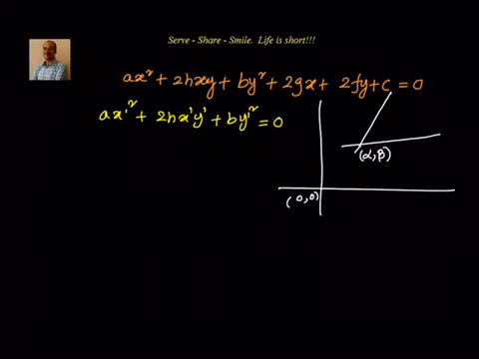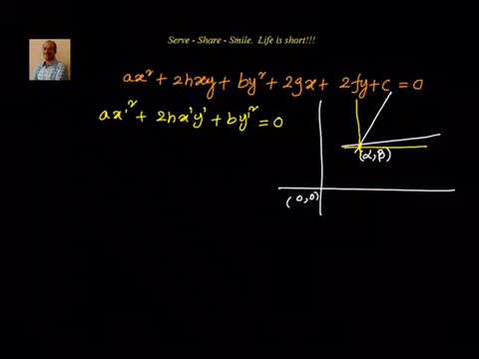Because when we shift to the new origin, let us say this is our new origin, that's nothing but the point of intersection of the pair of straight lines given.